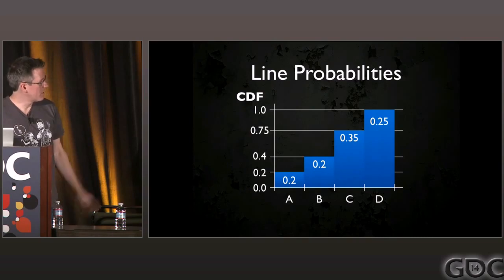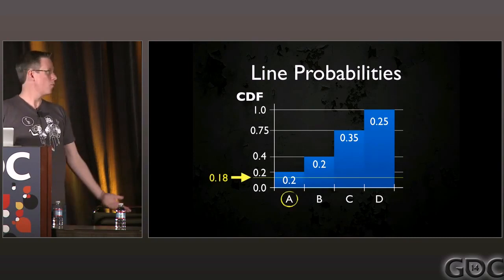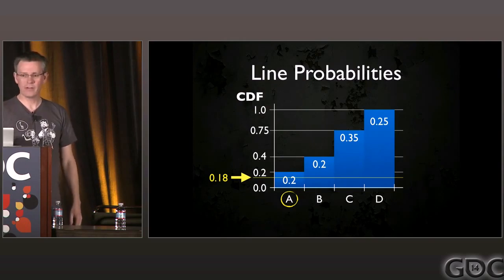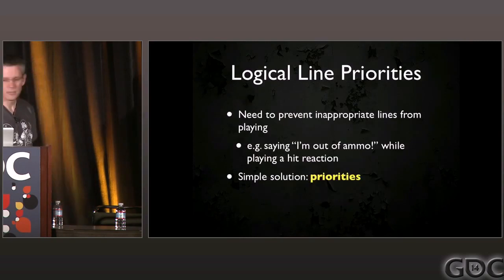So if the probabilities are 0.2, 0.2, 0.35, and 0.25, that's our stair step. Then we calculate a random number from 0 to 1, and search down until we find one whose cumulative probability is less than that value. So in this case, we choose A, but in this case, we walk along and we eventually choose C. Pretty straightforward.